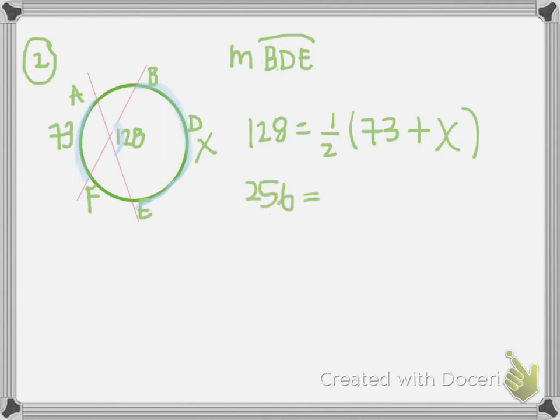So 256 is equal to 73 plus X, subtract your 73. So X here is going to be equal to 183. Okay?